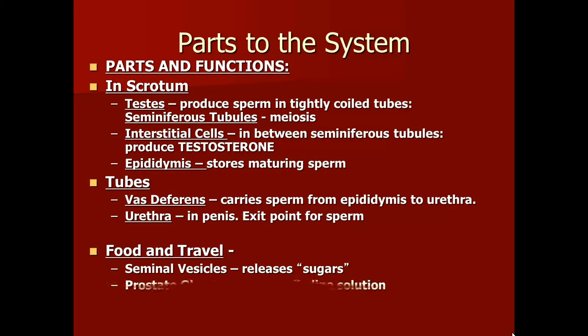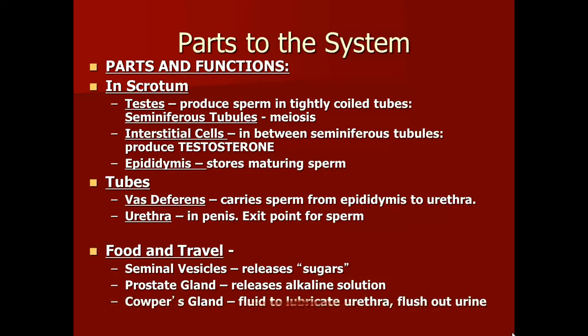The prostate gland secretes an alkaline solution, and that neutralizes any acid that might be in the urethra, and especially the vaginal acids, because without the prostate gland fluid, sperm cells will not be viable, not able to survive inside the hostile female environment.